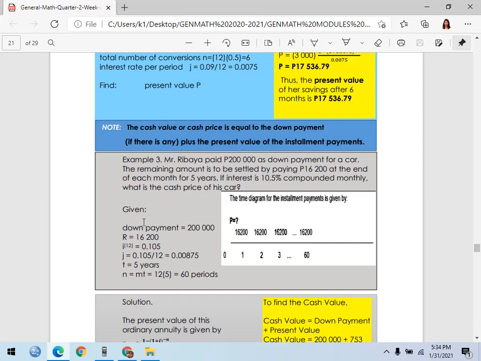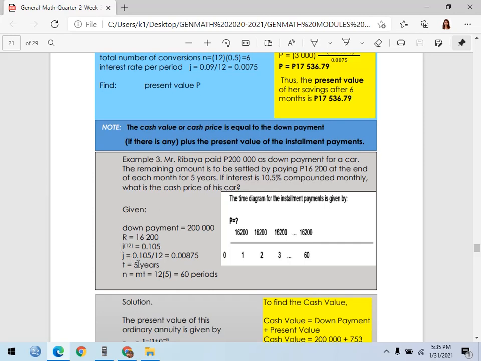Okay? Let us identify first the given values. So, meron siyang down payment or DP na 200,000. Regular payment niya, after niya mag-down payment, syempre may babayaran siyang paulit-ulit. That is 16,200. The interest is 10.5%. In decimal, that is 0.105.